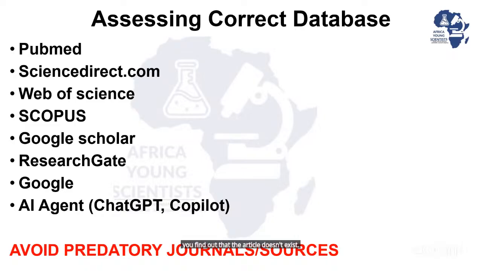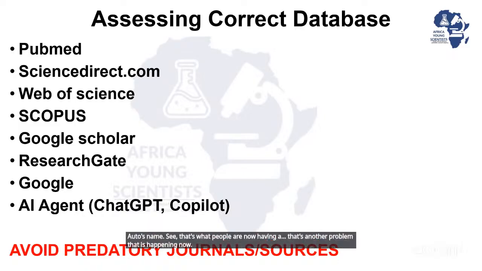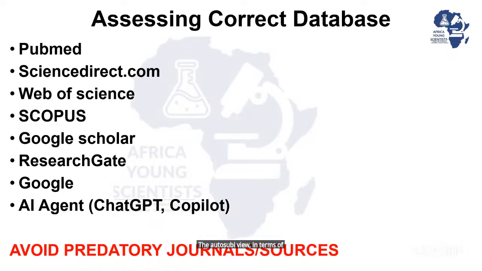Sometimes they can use the real author's name. I think that's what people are now claiming, that that's another problem happening now. The authors will be real. Let me give an example. Let's say I'm doing research on tobacco. I know that Dr. Adini has published several papers on tobacco, nicotine, and things like that.